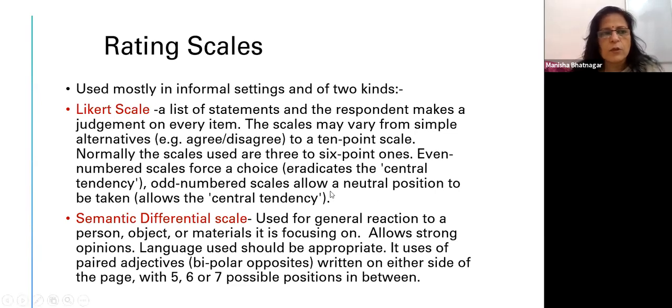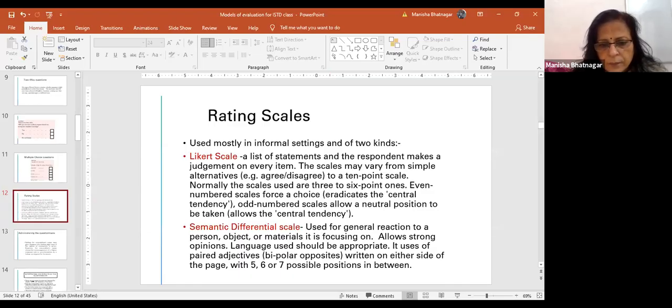So first, let's look at the Likert scale. I'll just show you an example. I'll share the Word file that I have.